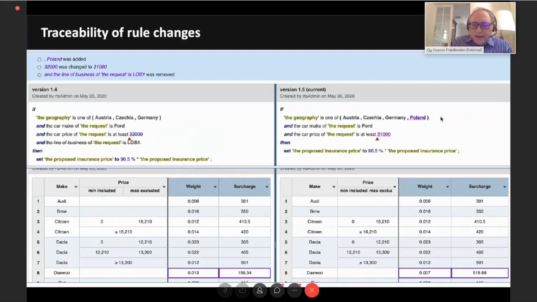So as I said, ODM is all about changing the business rules. And I mentioned auditability. When you change the business rules or when you change the decision tables, you can really figure out the delta. Who made the change, when, for what reason, etc. So this is very important if you want to have governance on your business models.